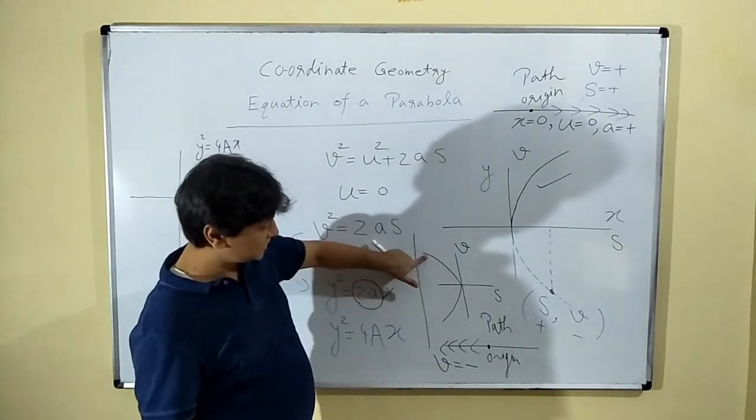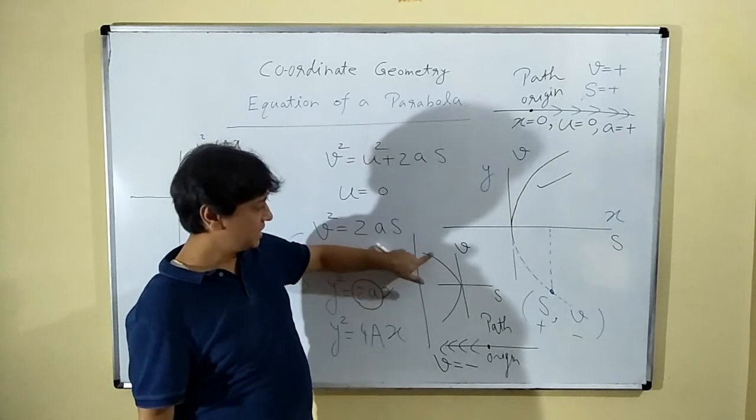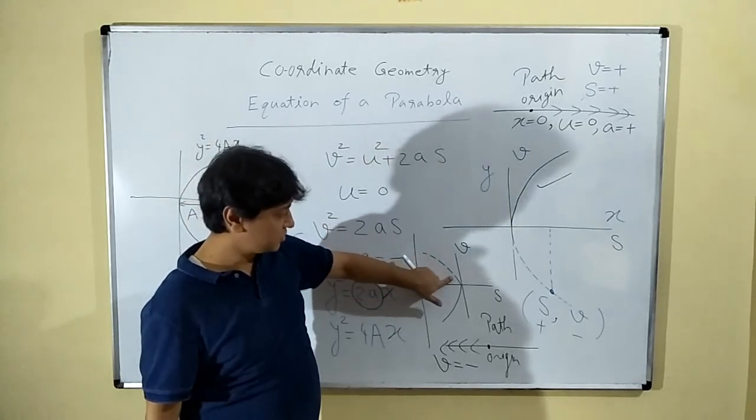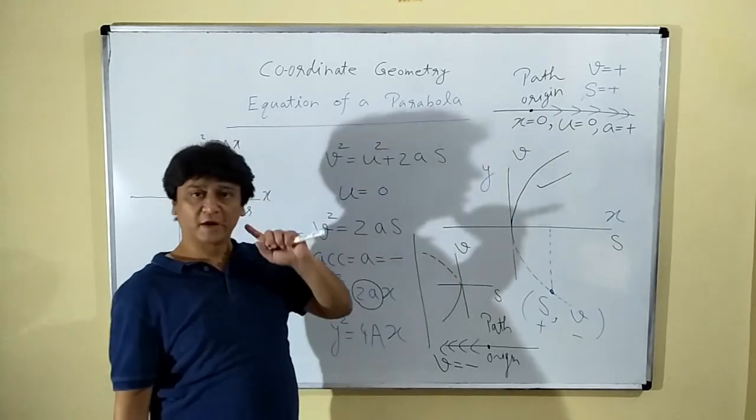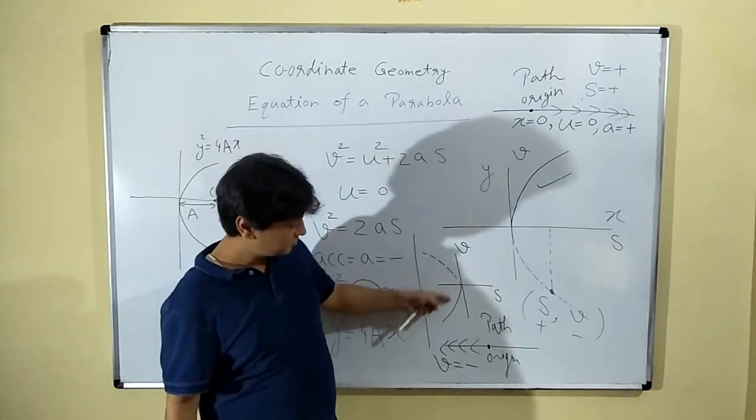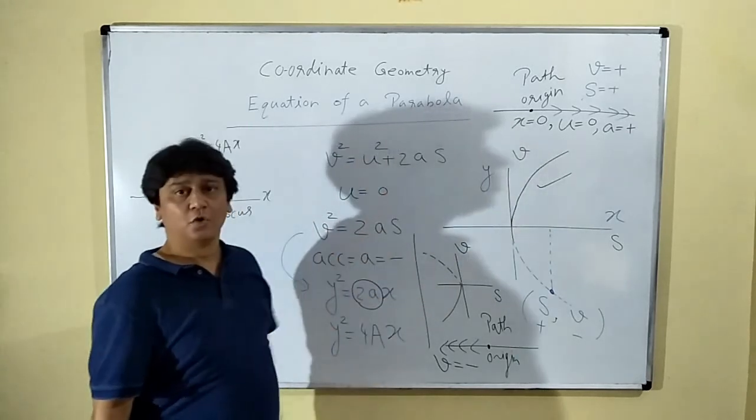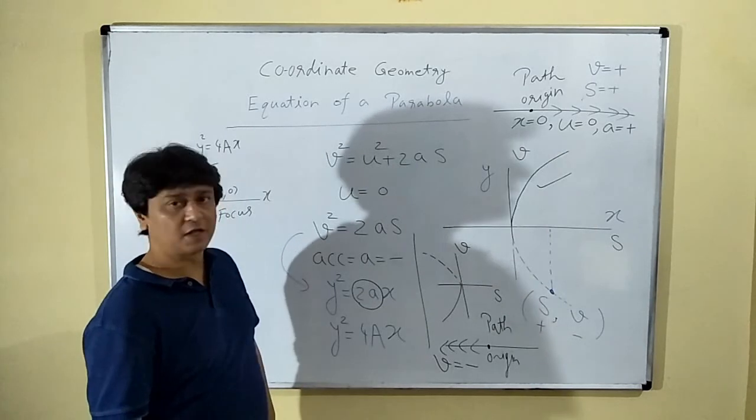This upper portion says your velocity is what, positive, and therefore we say that we'll remove this portion. तो हमारे काम का ग्राफ कौन सा है, this part.